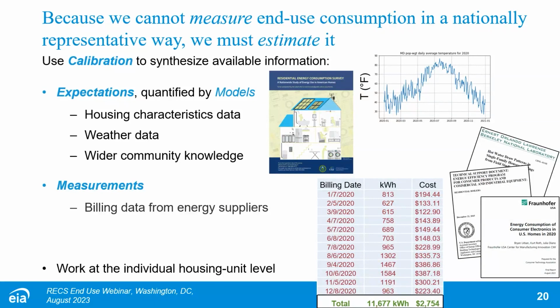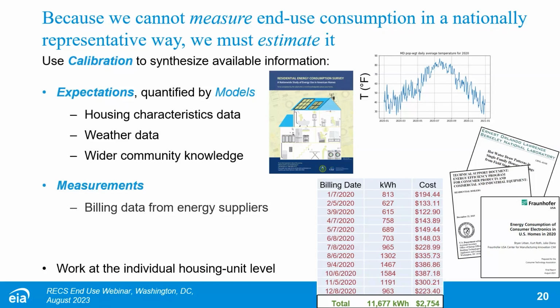Broadly, we end up blending the information in our end-use expectations, and we combine them with the information in our measurements of total energy. So expectations, you'll hear me mention that a lot. This is the output from our models. Quantified by our end-use models is our end-use expectations, and we construct these models based on a lot, but especially on wider community knowledge.